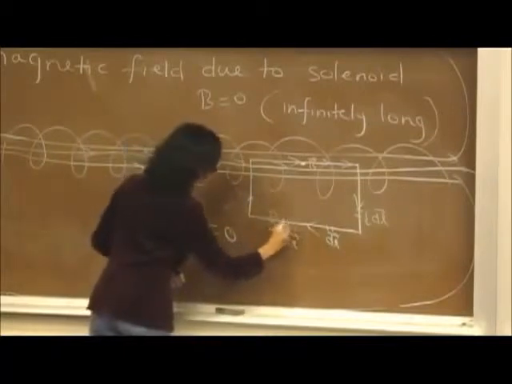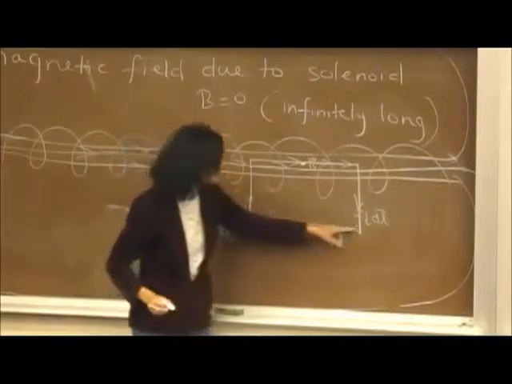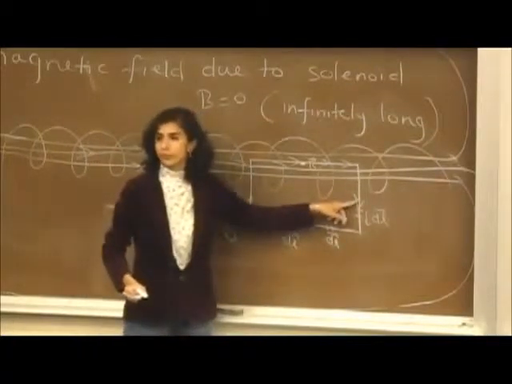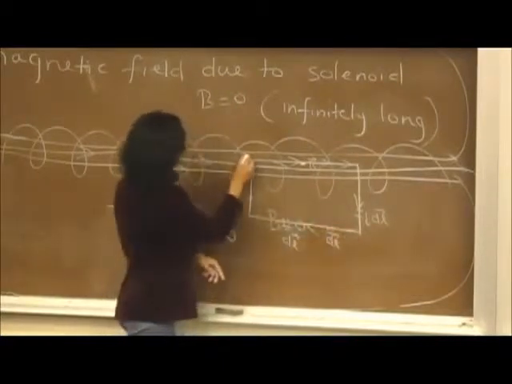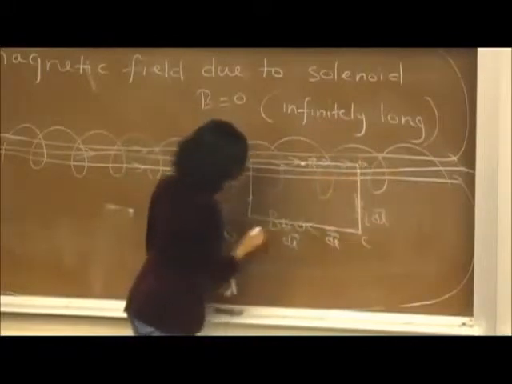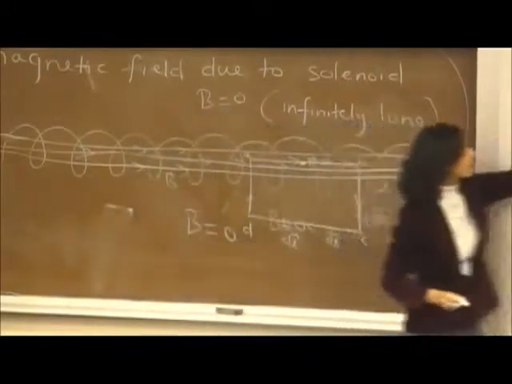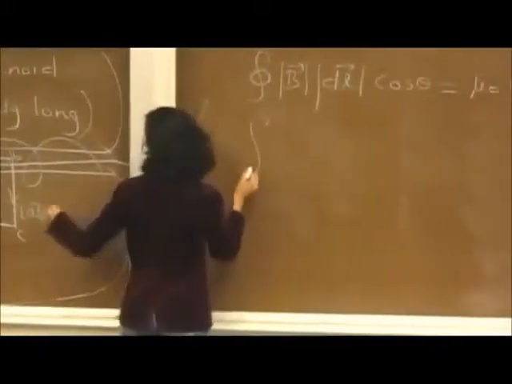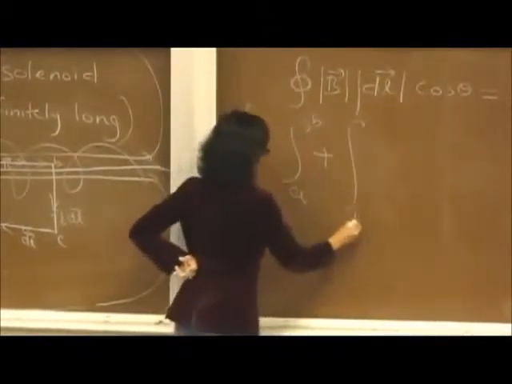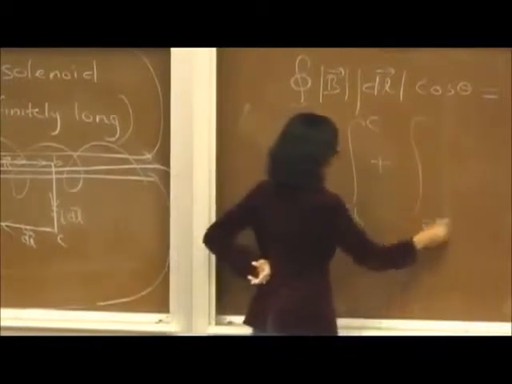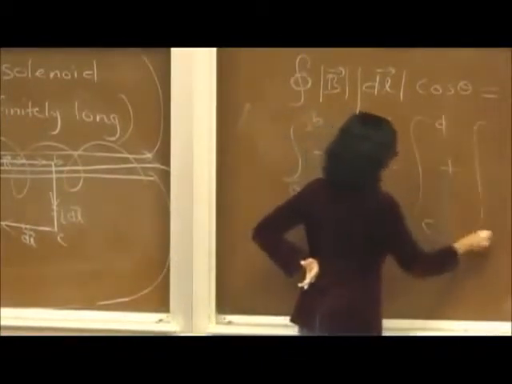Do you see that at all these locations the B is pretty much 0? Okay, so we don't even have to worry about this part of the loop. Let's call it A, B, C, D. And this integral over this closed loop can be broken up into 4 parts: AB plus BC plus CD plus DA.